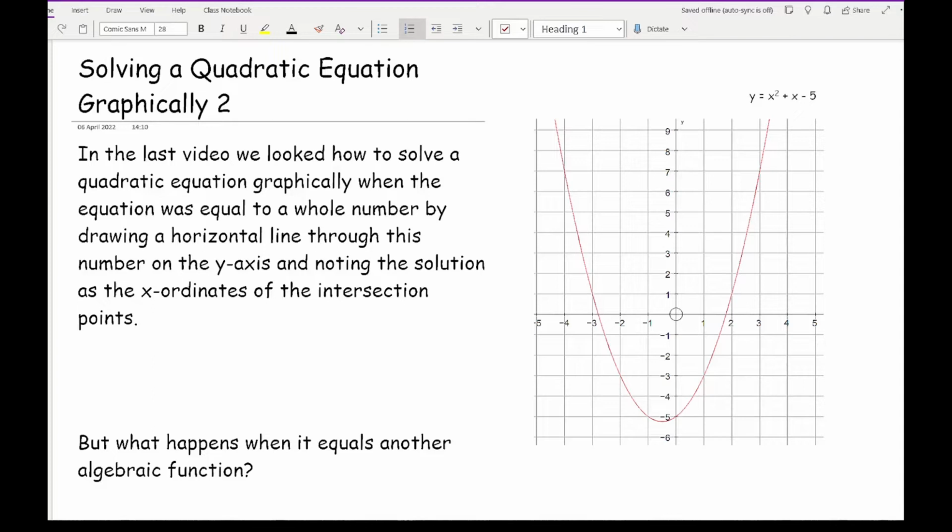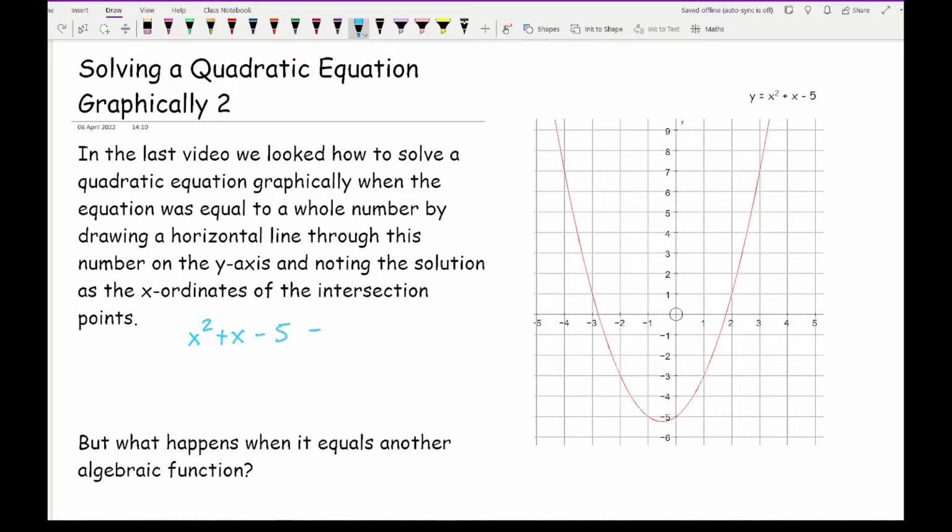So for example, here we've got the equation of x squared plus x minus 5. If I wanted to use this graph to solve x squared plus x minus 5 equals 3, let's say, then all I need to do is draw a horizontal line through 3, preferably with a ruler, which I do not have.